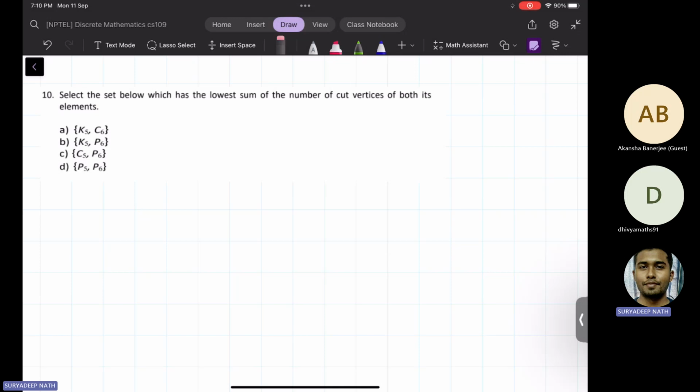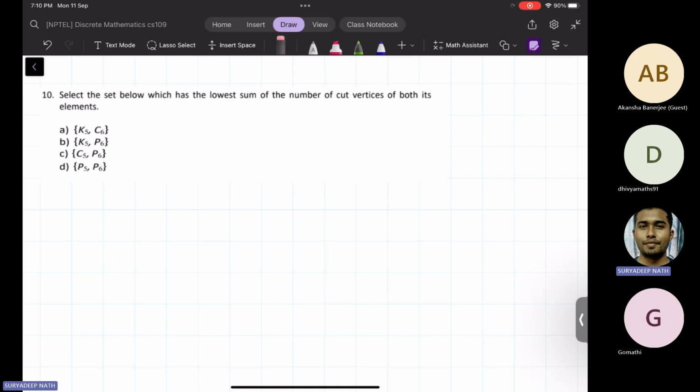So before we solve it, look at all the four options. You have a K5, a graph with 5 nodes, and a graph with 6 nodes. Which pair do you think has the least number of cut vertices?